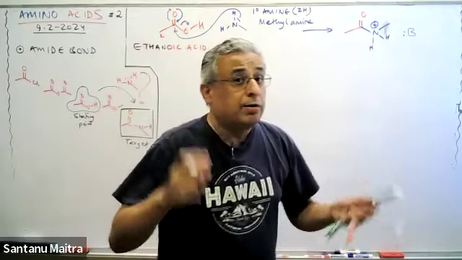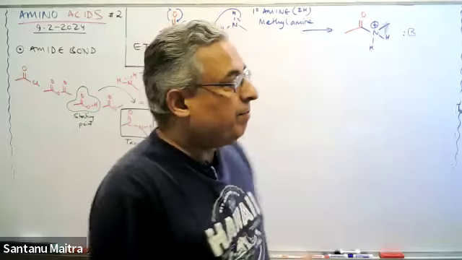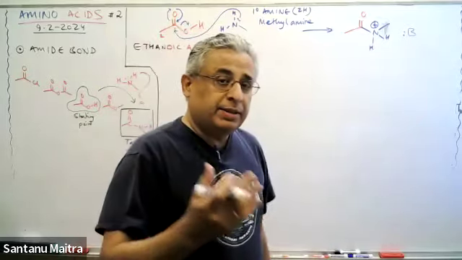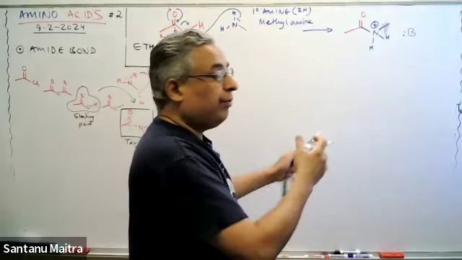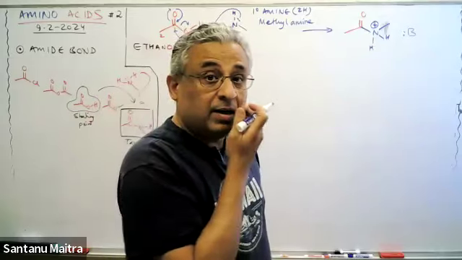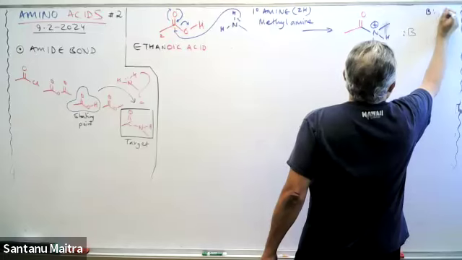I'm not sure how you learned mechanism in 128A and B. I usually follow certain guidelines. I'm not sure if everybody teaches the same way. So I want you to know how a proton is lost or how a proton is added. So B means base.